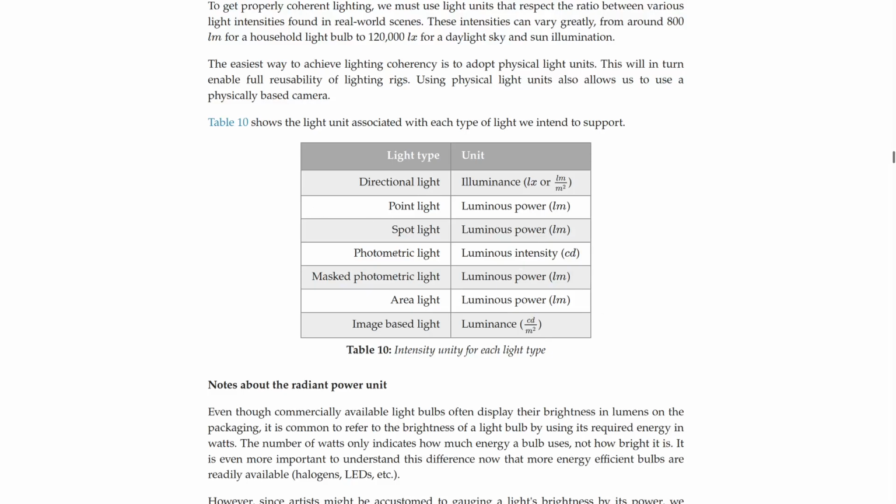I think the idea here being that this has some coverage of a solid angle. Not exactly sure there. Area lights with luminous power in lumens. Image-based lights in candela per meter squared.